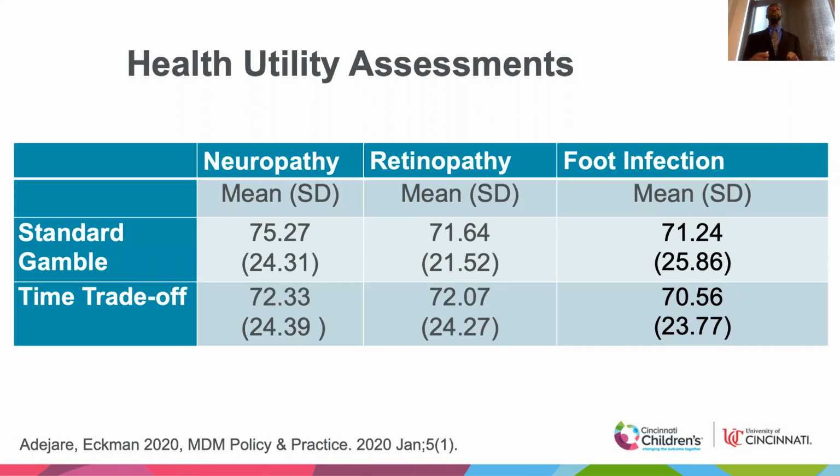Now, if you look at the time trade-off and the standard gamble utilities, you'll notice that the time trade-off utilities are lower than the standard gamble. The reason is because the standard gamble incorporates risk into its model that makes patients tend to value health states closer to well than in the time trade-off. And this trend generally holds.